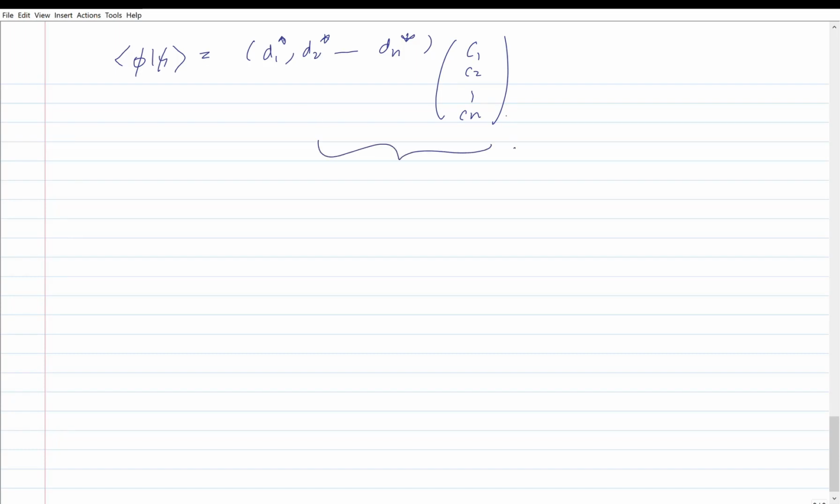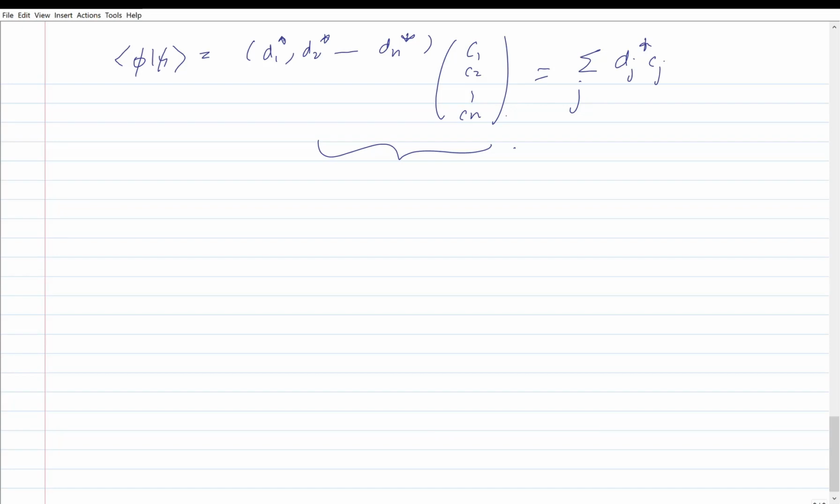And I can show the same thing by matrix multiplication over here.